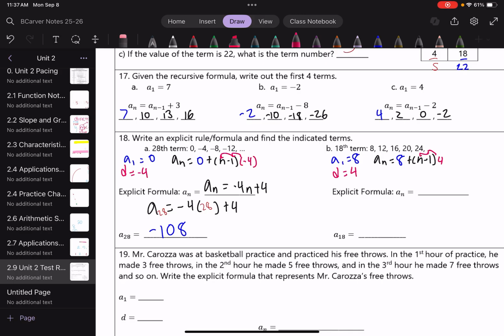Distribute the 4 to get that a sub n is equal to 8 plus 4n minus 4, and that'll simplify to 4n plus 4. I then can say that a sub 18 is equal to 4 times 18 plus 4. So 4 times 18 plus 4 will give me the term value of 76.